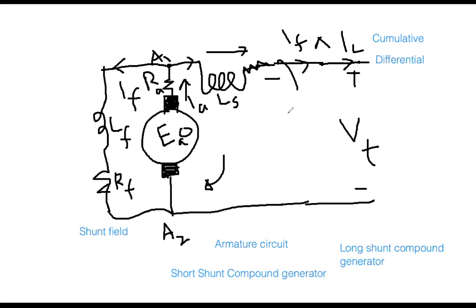So that is changing the equation. And instead of connecting here, if you connect it there, that changes your equation too. Now your IA current, the same current, is flowing through the series field. After coming here, it is divided. Something is going to the load, and something is going to the field. So short shunt and long shunt just change the equation.